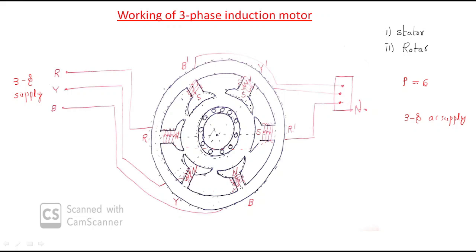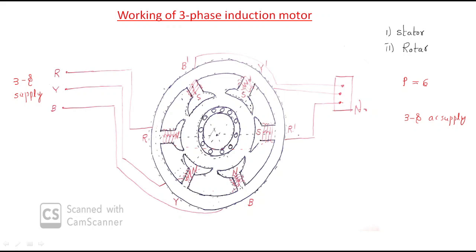Next, the Y current is given to the pole beside the R pole, in this direction, and the ending part is given to the opposite pole. So we are forming a north pole and a south pole, with the south pole and north pole direction like this.